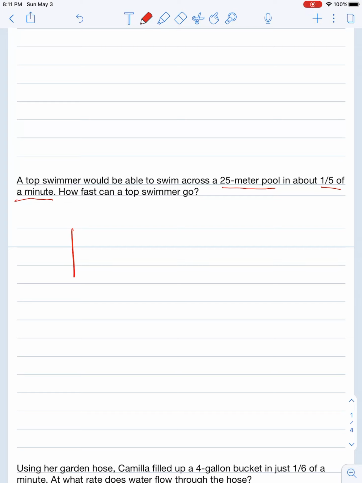Okay, so I'm going to make my ratio table here, and you can see that we're comparing meters to minutes. And from the problem, I get that the number of meters is 25, and the number of minutes is 1/5.